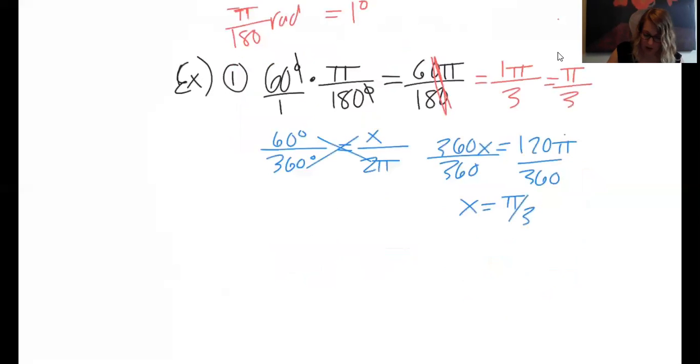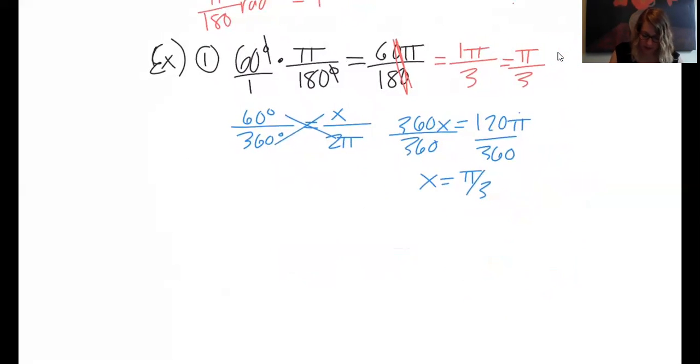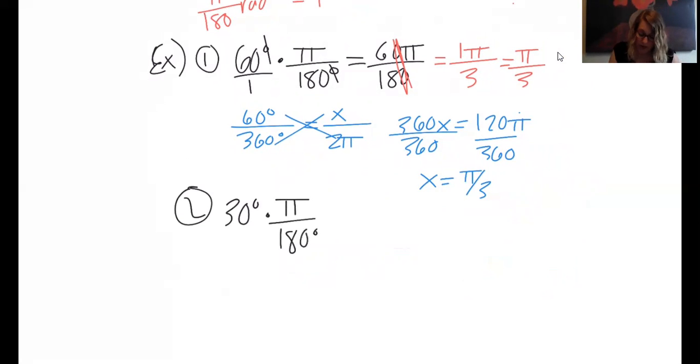I'll do a couple more just so you can see a couple examples. Let's do 30 degrees. So I'm going to do the first way that I showed. 30 degrees times pi over 180. My degrees cancel out.